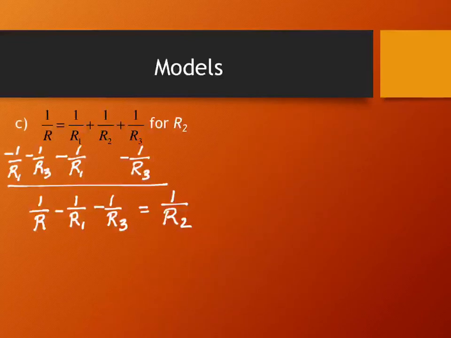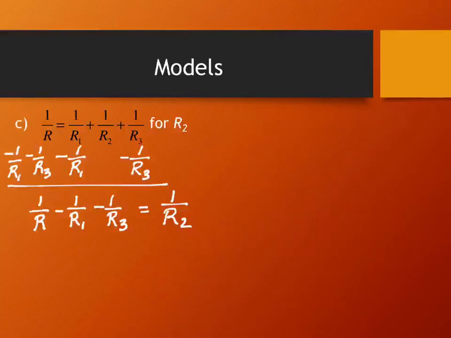So I mean, it would be awesome if we could just take two sides and just flip them, right? Like fractions, we could just flip fractions upside down. The problem is that the left-hand side doesn't have one fraction, it has 3 separate fractions. And I can't just flip all 3 of them. That's not appropriate, it's not correct. It does not equal the same thing. I can't just flip fractions upside down unless I have a single fraction on each side.